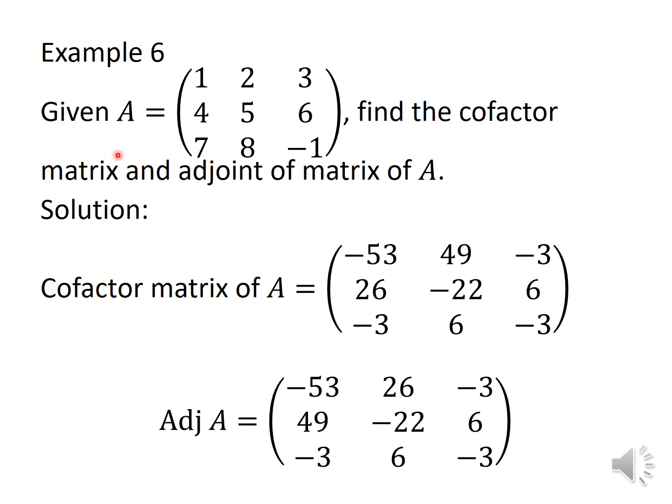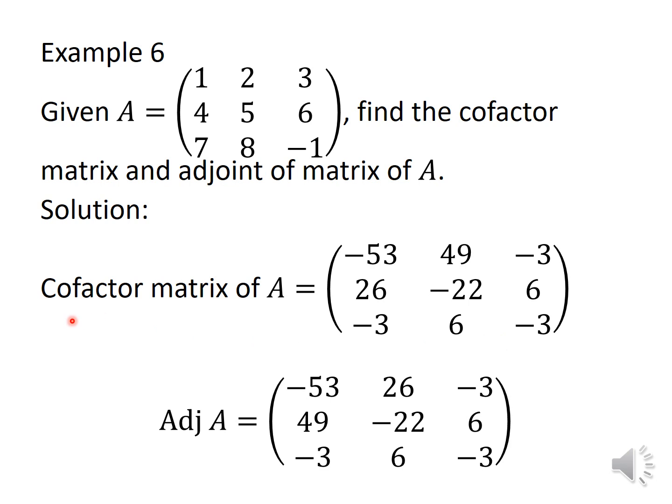For this example, given matrix A, find the cofactor matrix and adjoint matrix of A. Since we have got the cofactor of each element in the previous example, now we assign all the cofactor values into matrix form.